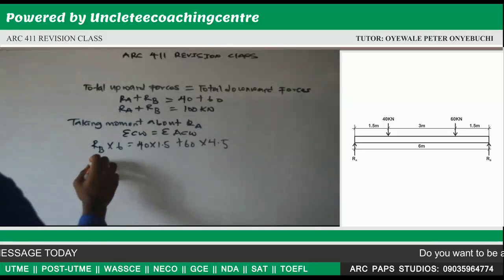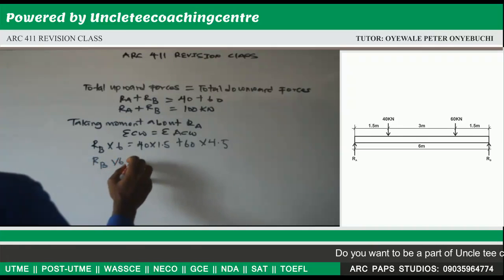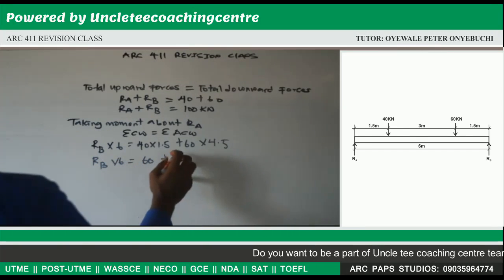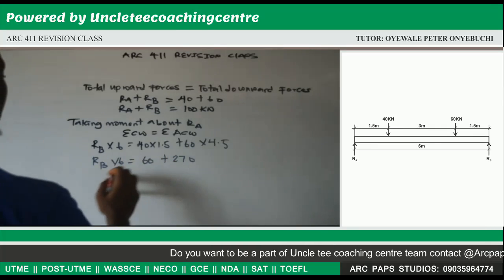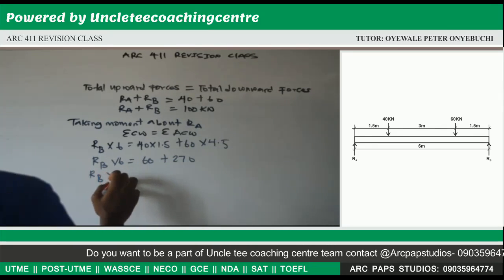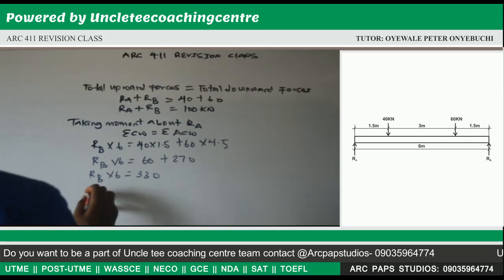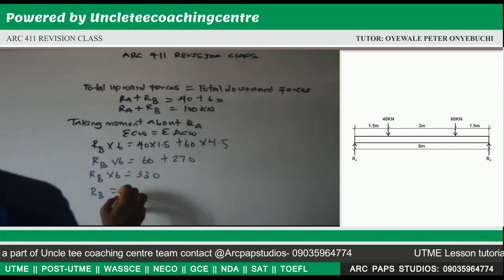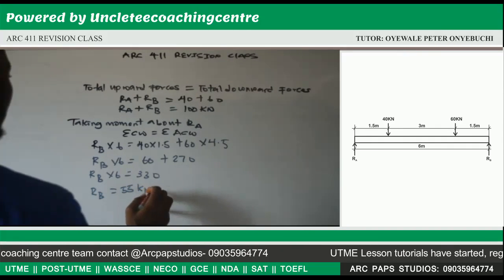Now, this will give us RB times 6 is equal to 60 plus 60 times 4.5, which is 270. Our RB times 6 will give us 330. Our RB will then give us 55 kilonewton.